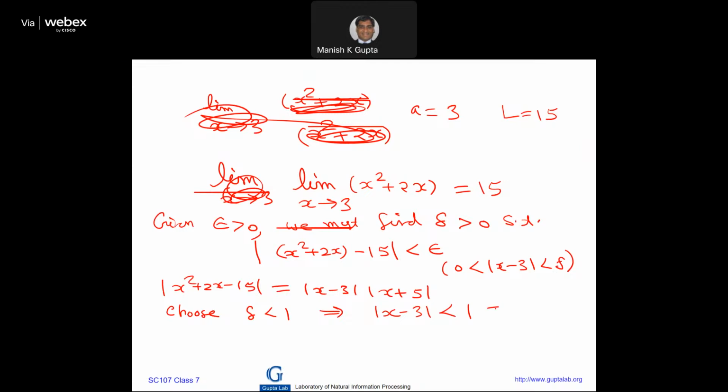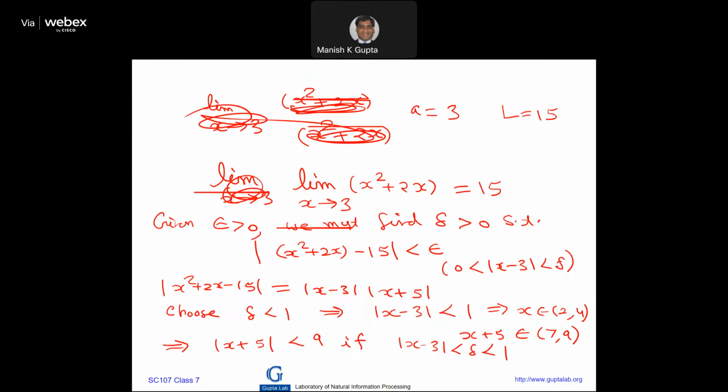This implies that x is between 2 and 4. So x plus 5 is between 7 and 9, right? This implies that mod of x plus 5 is less than 9 if mod of x minus 3 is less than delta, which is less than 1.